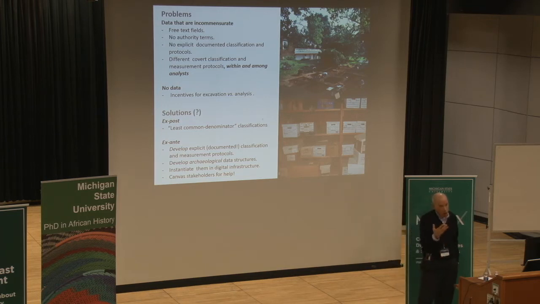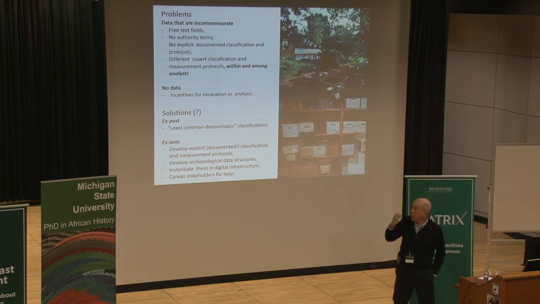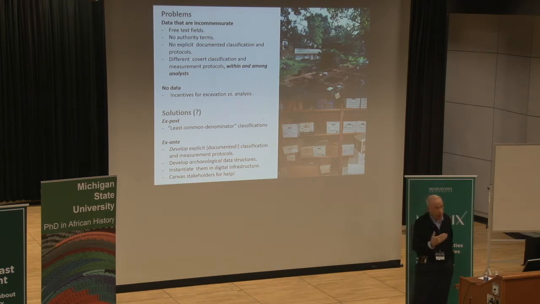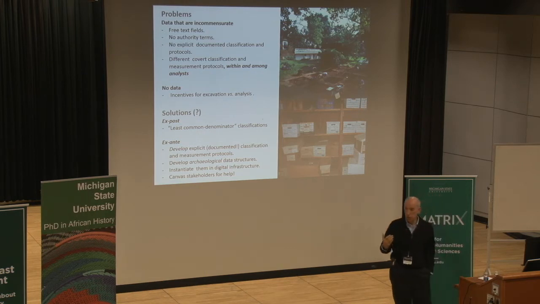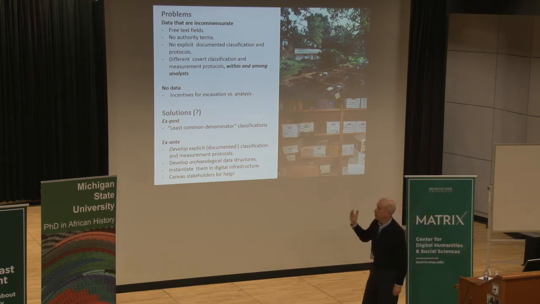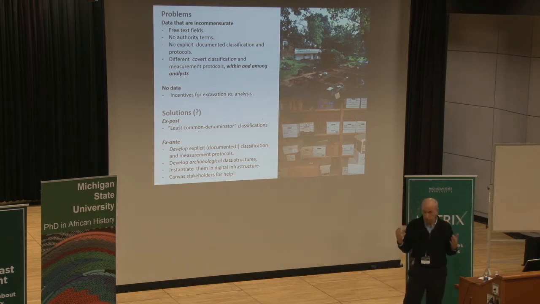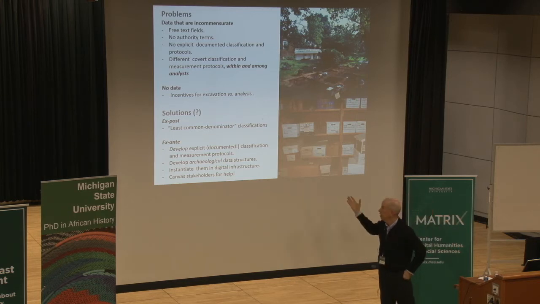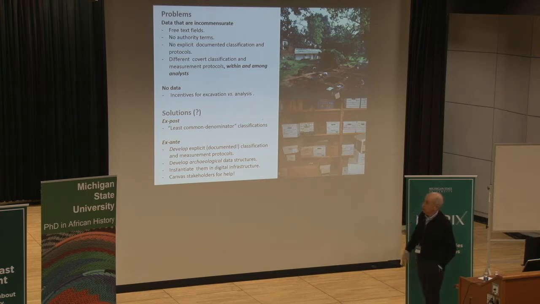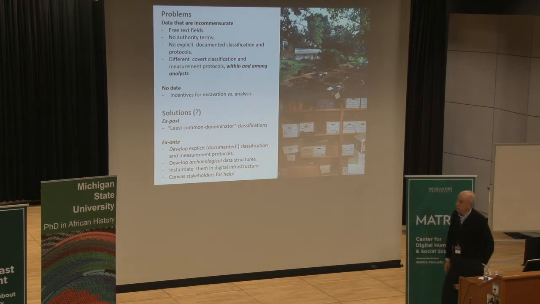Obviously, if you're cataloging artifacts, there are classification and measurement protocols, but they're covert, right? They're not explicitly articulated. And what that means is that unless they're written down, a single individual over the course of a year or two is going to create totally incommensurate records. And we can see this in legacy records from Monticello, from early digital work done in the late 1980s.